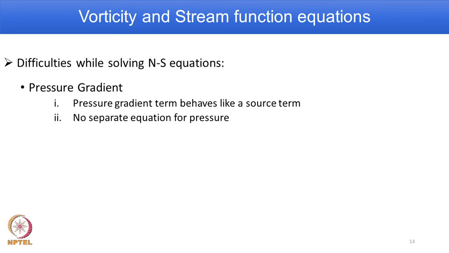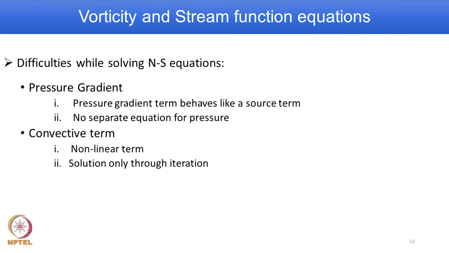This pressure gradient term behaves like a source term. We have a continuity equation and three momentum equations. The primary variables u, v, w are there in these 4 equations, but there is no separate equation for pressure, whereas pressure is appearing in all 3 equations.